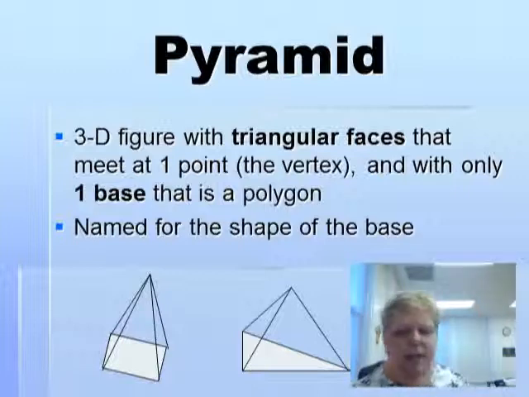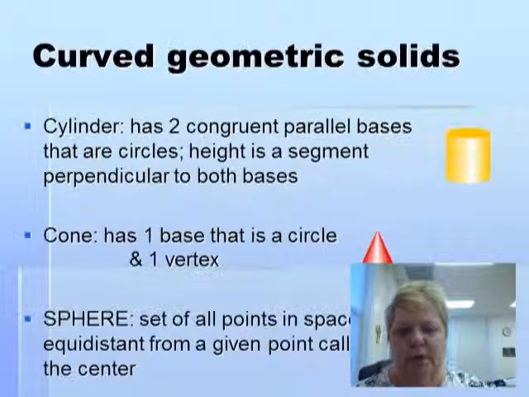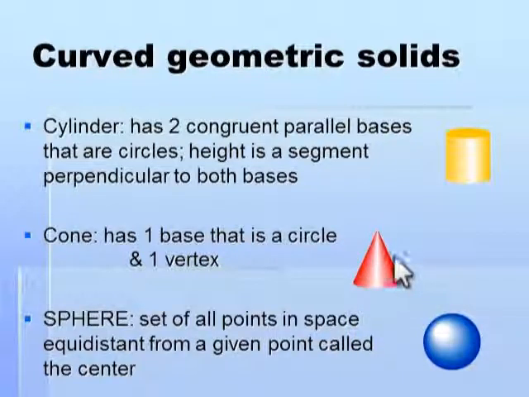Then for our last set of three-dimensional shapes, we are looking at the curved solids. So we have the cylinder. The cylinder has two parallel bases that are circles. The height is that perpendicular distance between them, and that's a cylinder.